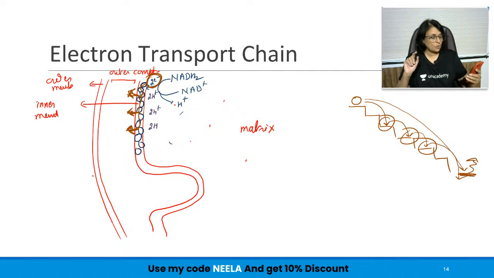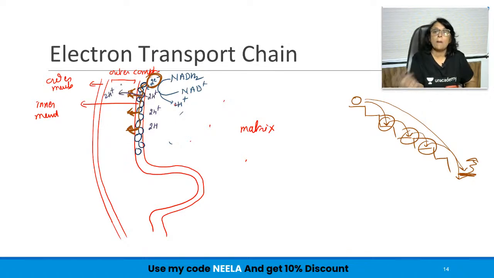That NADH2 dissociates. A pair of protons is released, NAD is released, and an electron pair is released. Now this electron pair is at a higher energy level. When it goes through all those proteins, it releases its energy at 3 places. And at every place, whenever energy is released, using that energy a pair of protons will be pumped into the outer compartment. Energy released, pair of protons pumped in.